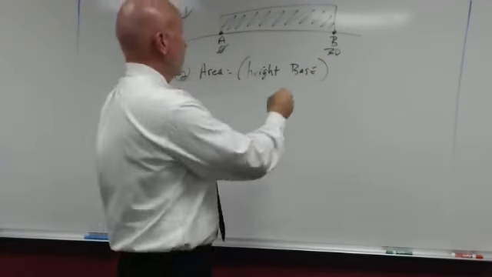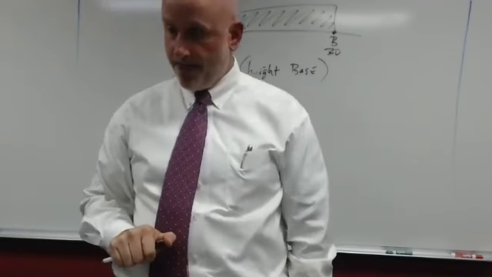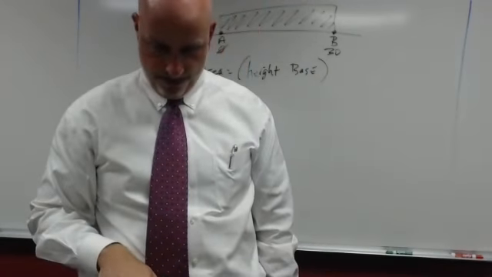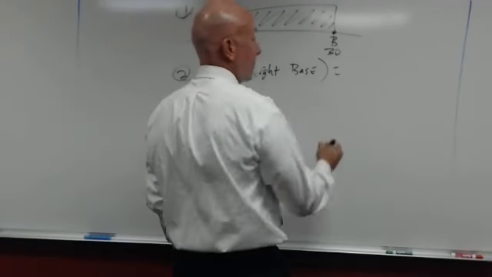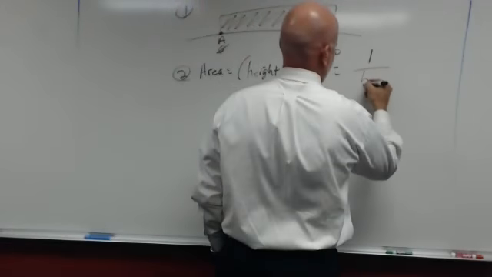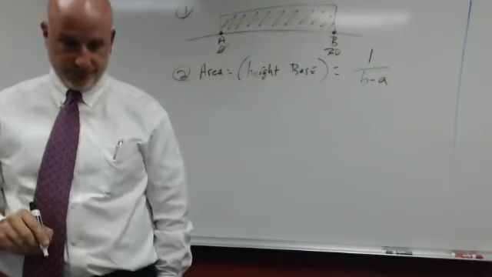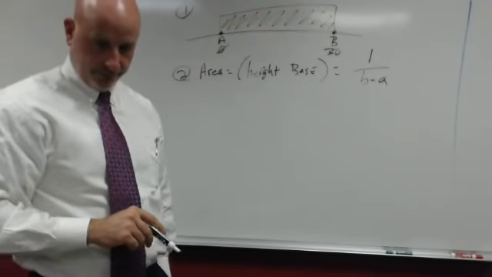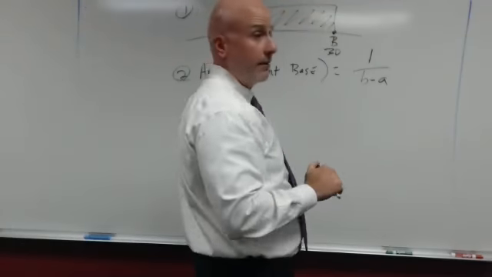All right, now how can we apply that? Let's apply this to a formula. 1 over B minus A times base, which is 1 over 30. What else do I have to add here?